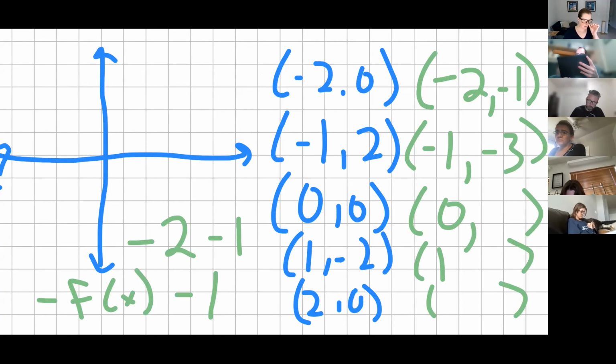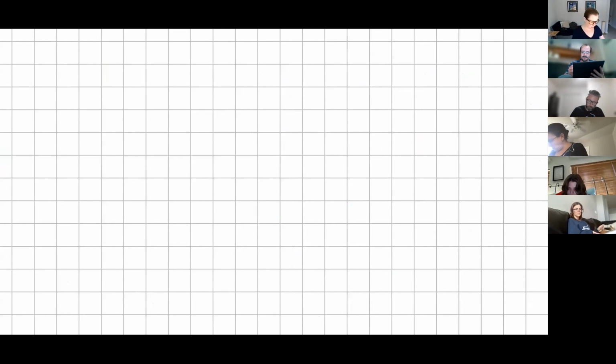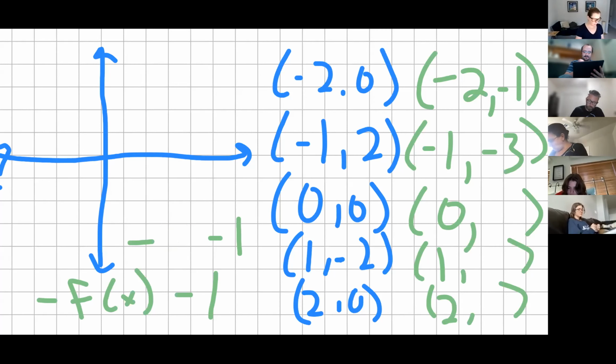So I don't think we're messing with the x at all on these. I think our x is always the same. 0, 0 is going to become what? 0 minus 1. So I'm throwing in 0 to this function. I do minus 0, minus 1 is giving me a minus 1. The next thing I throw into this thing is what?